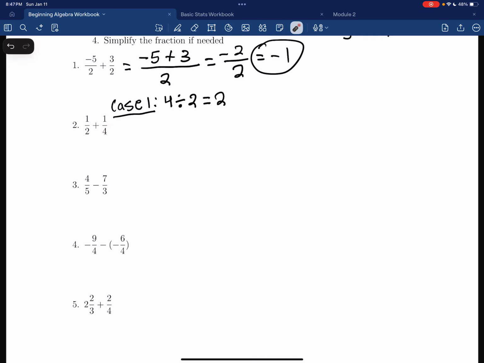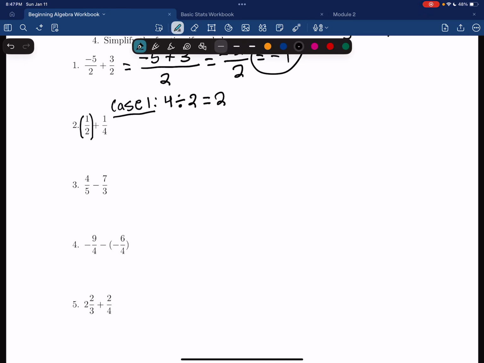So we're going to manipulate this first fraction so that we're not actually changing the value of it, but we're getting the denominator to be equal to 4. To do that, we're going to multiply this whole first fraction by 2, because 2 times 2 will get you 4, and that's what we want.